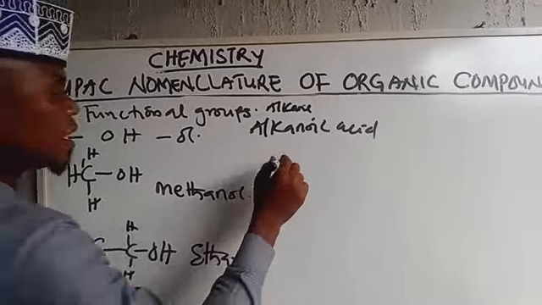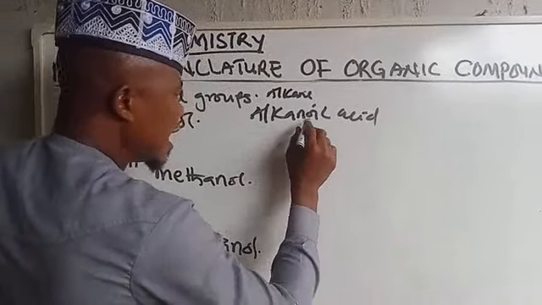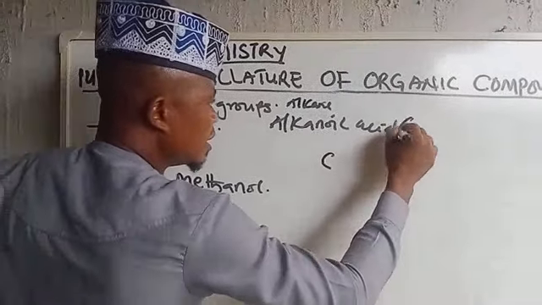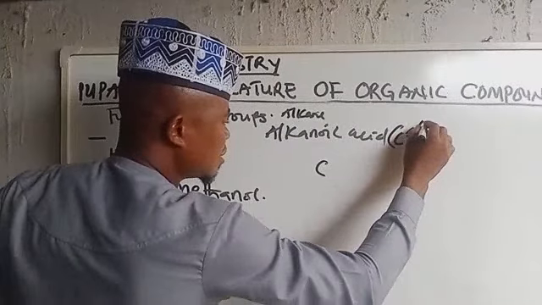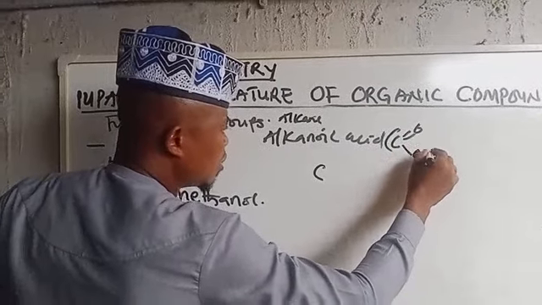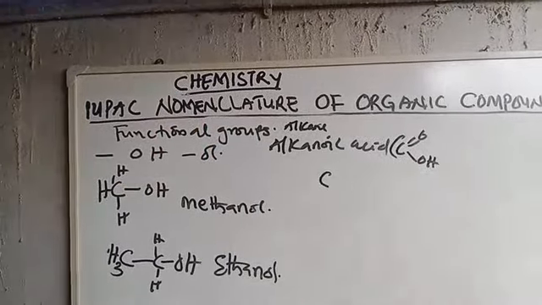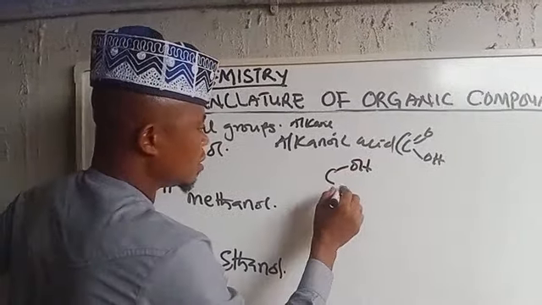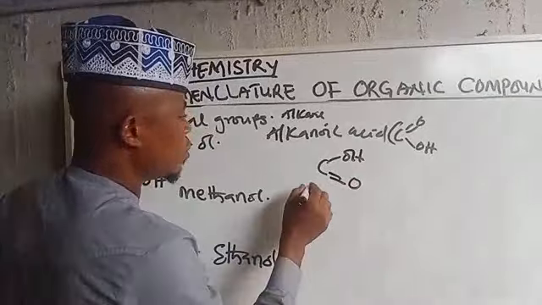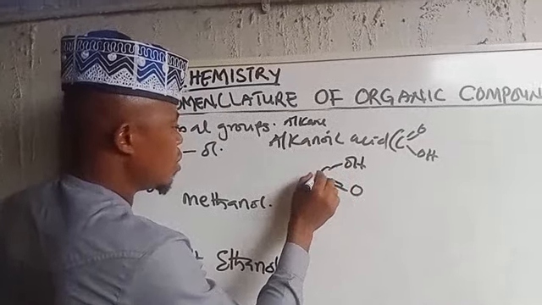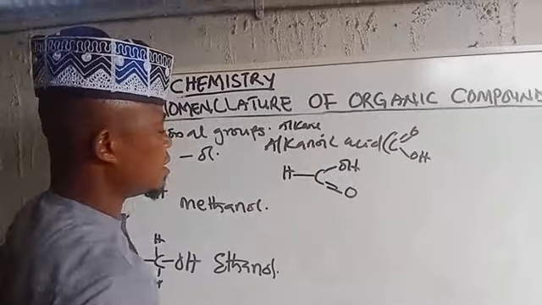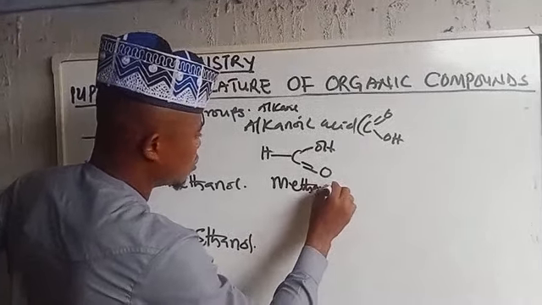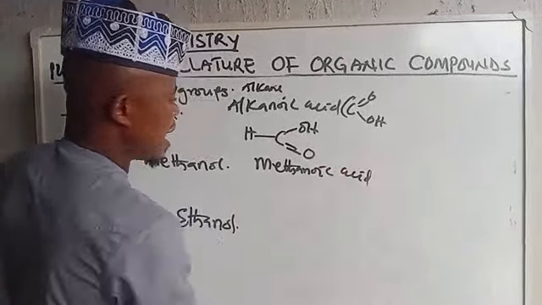For example, if the alkanoic acid is a 1 carbon compound, this is the functional group for alkanoic acids: C double bonded to O, bonded to OH. So if it is a single carbon compound, OH, double bonded O, 1, 2, 3. You know, carbon will always maintain the tetravalency. You call this what? Methanoic acid.